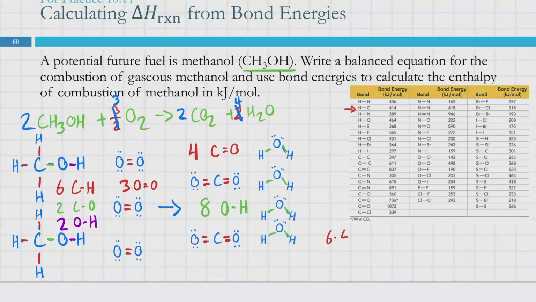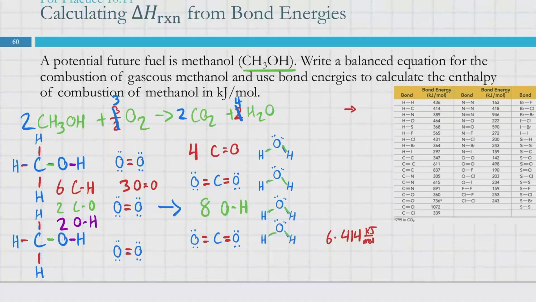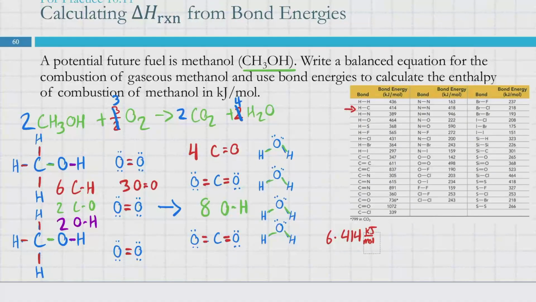So 6 times 414 kilojoules per mole. I'm going to be, oh, I grabbed the wrong thing. Too much. I'm going to be a little lazy here and move that units all the way to the end to save us some space.